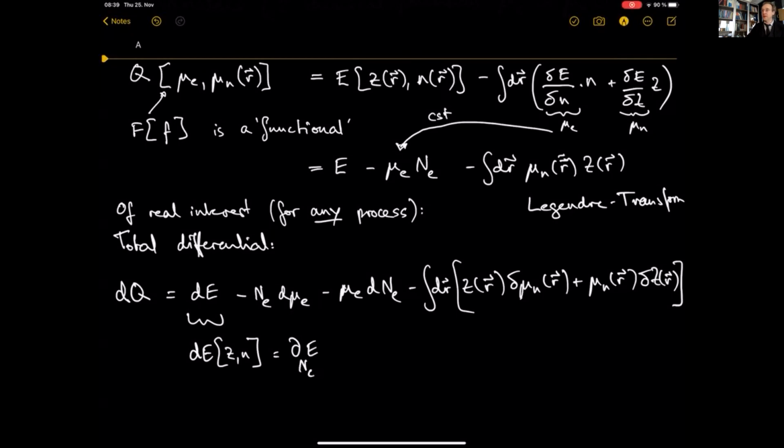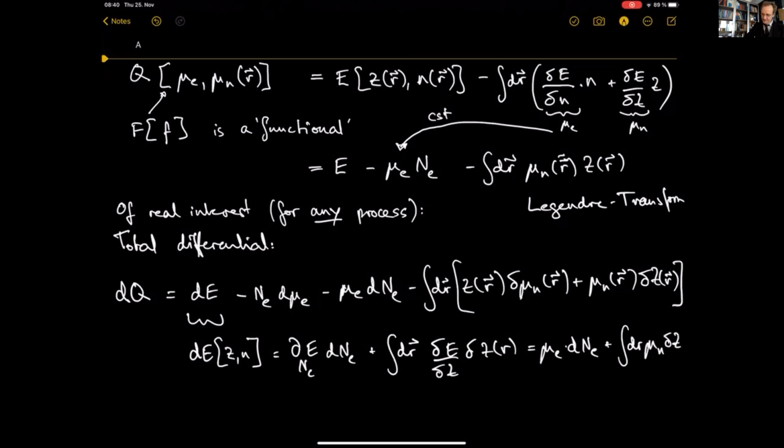We now have your prefactor here, plus the integral dr of dE over dC of R dC of R. And this is nothing else than your chemical potential times dN, plus the integral over mu N dC.